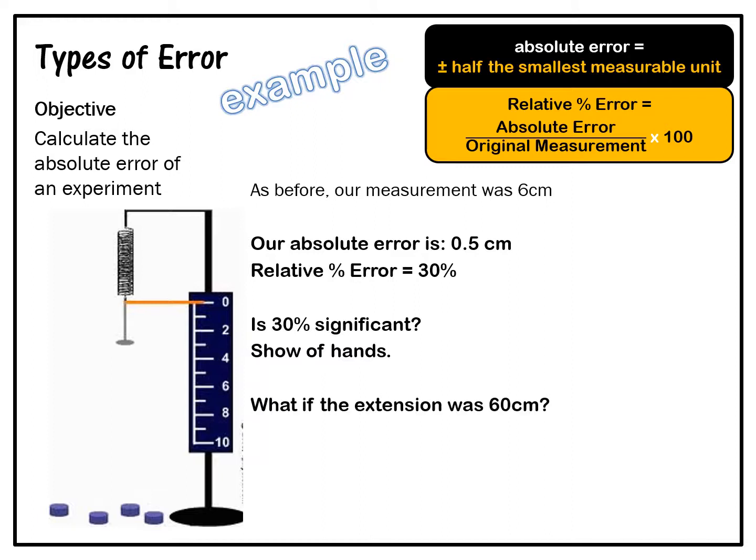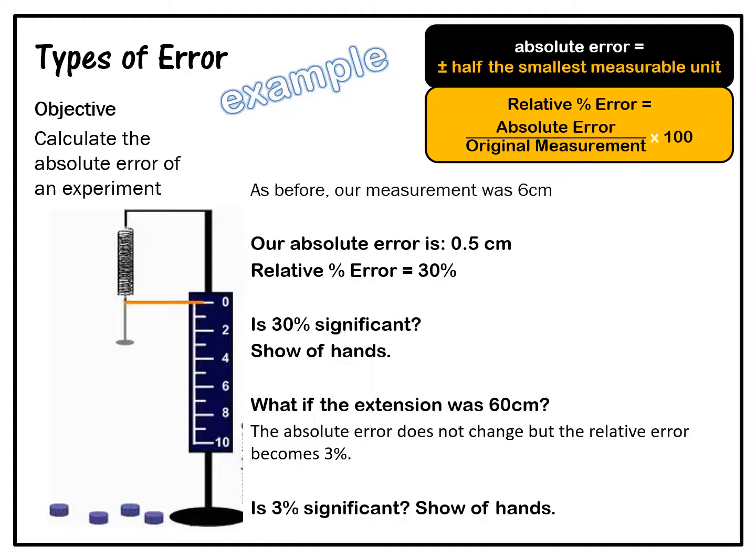However, if our extension was 60 centimeters instead of 6, then the absolute error doesn't change, but we would do 0.5 divided by 60 multiplied by 100, and the relative error in that case would become 3%. And you could ask yourself, well, is 3% significant?